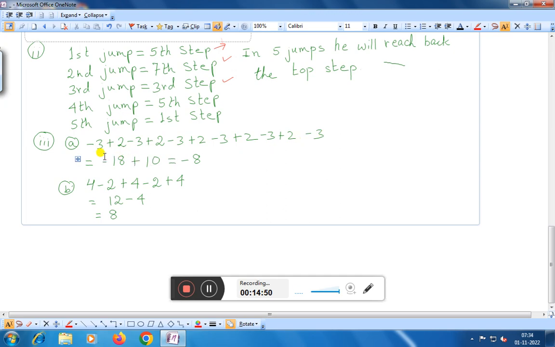That is minus how many 3s? 1, 2, 3, 4, 5, 6. 6 times 3 is 18, that is minus 18. And how many 2s? 1, 2, 3, 4, 5. 5 times 2 is 10, that is minus 18 plus 10, that is minus 8, right?